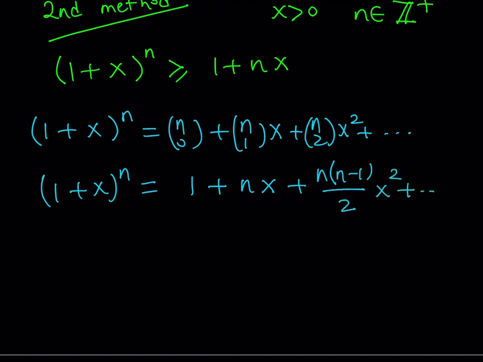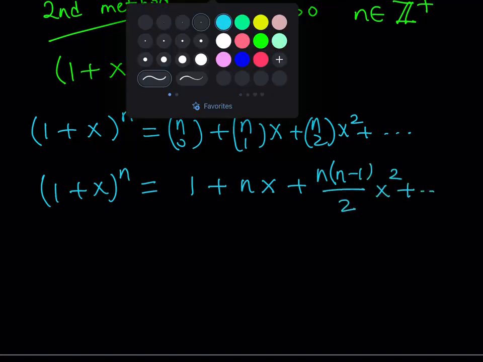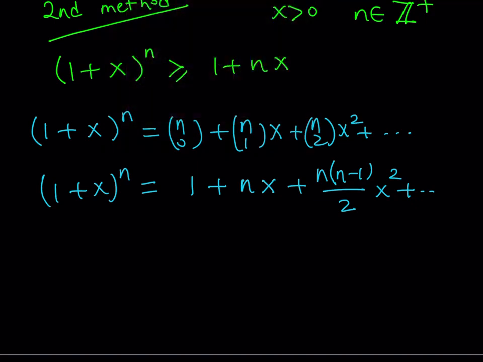Now, one thing to note here is that we have an expression that is always going to be positive. This part is made up of n choose 2 times x squared, n choose 3 times x cubed, and we know that x is positive and n choose r is also a positive quantity.